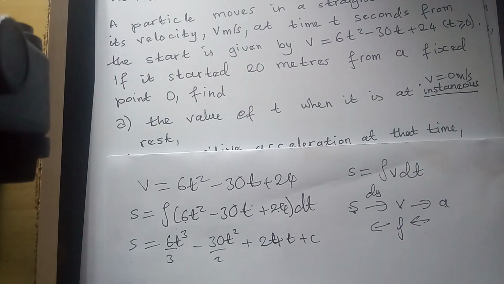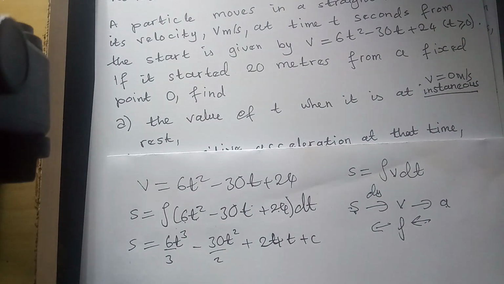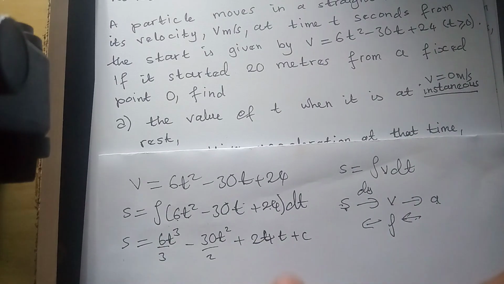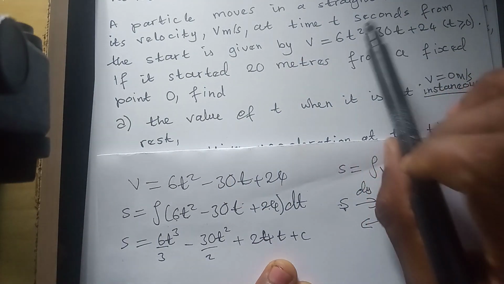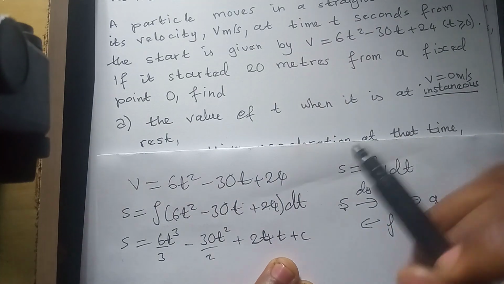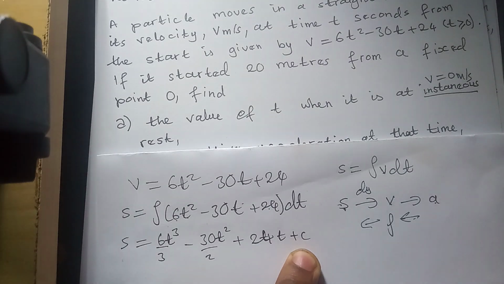So now about this c, the question will always have something to hint you on what the c is. If the question is saying the particle, or maybe this equation, is passing through the origin, then you know that your c is 0. Normally they'll say passing through O or starting from O or something like that.